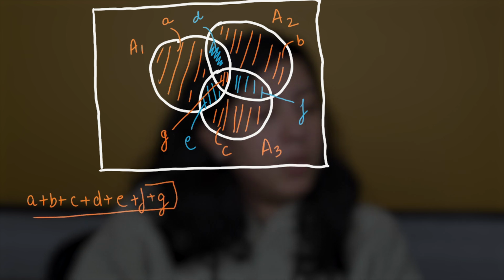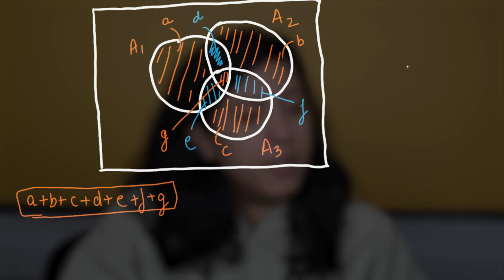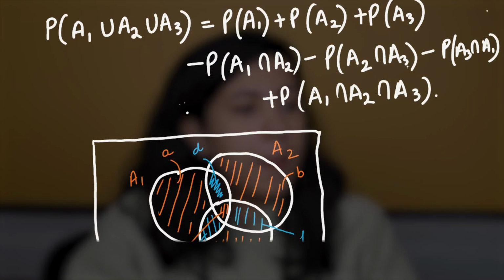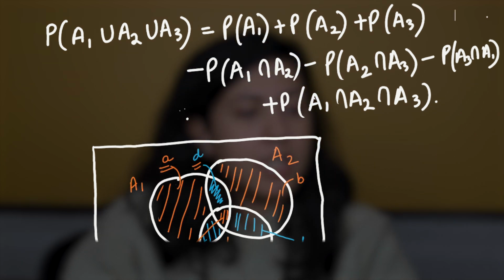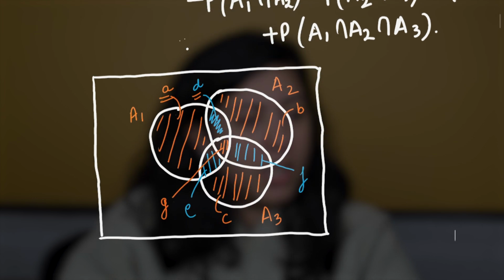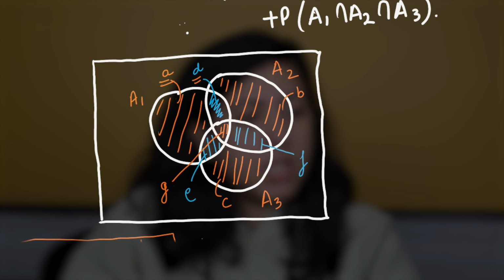Now let's talk about the right hand side, which is given by P of A1 plus P of A2 plus P of A3. P of A1, that is probability of A1, includes small a plus small d plus small g and small e. So A1 can be written as a plus d plus e plus g.